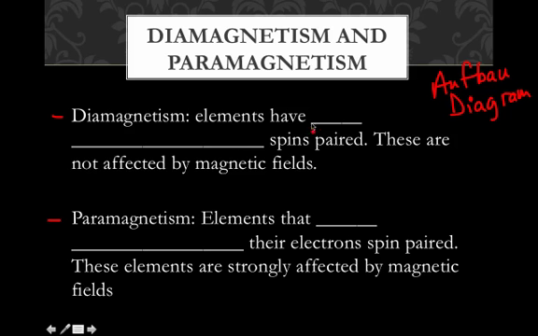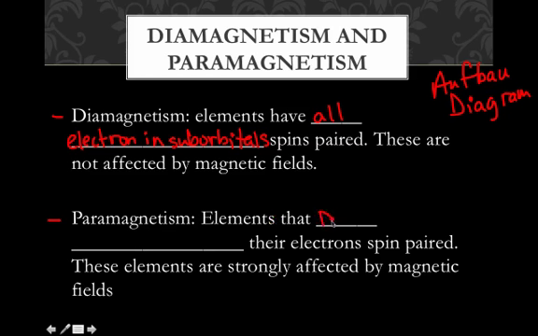So diamagnetism is a condition where the elements have all electrons in that suborbital spin paired. So maybe not all of them in level 2, but all of them in the 2p, or all of them in the 3d are all paired up. So that would be diamagnetism.